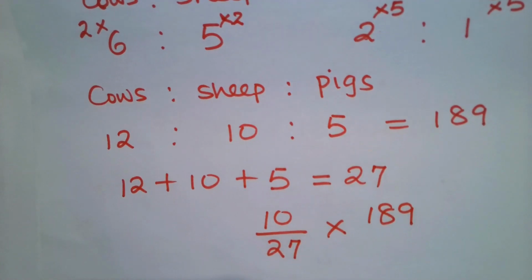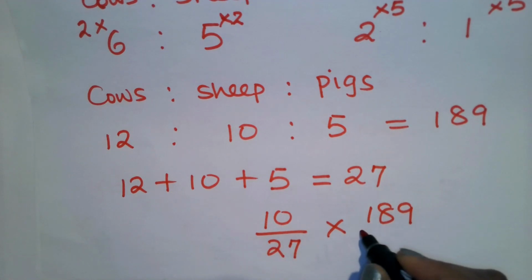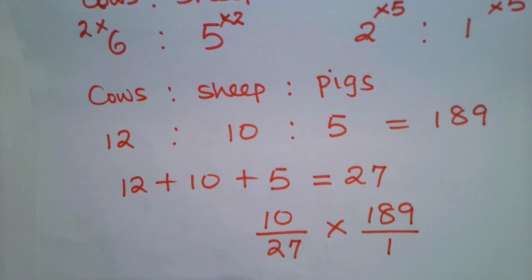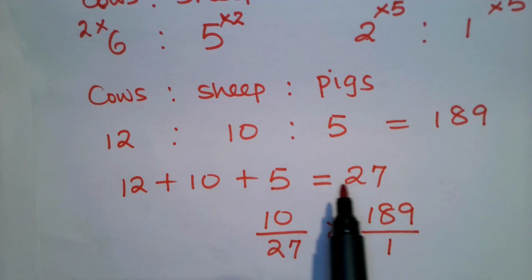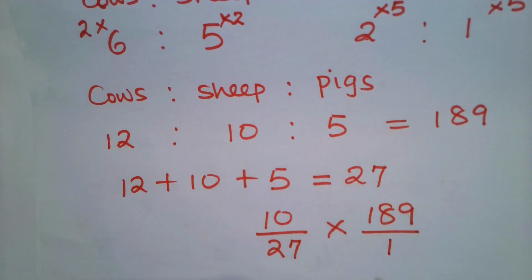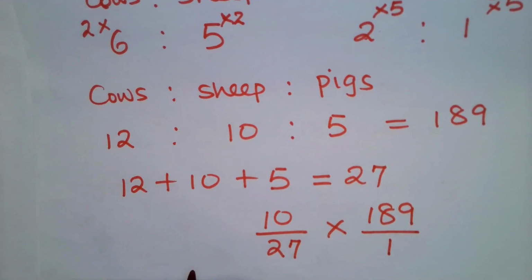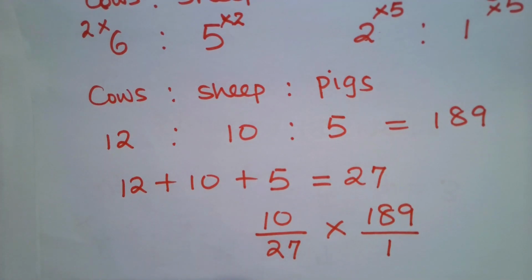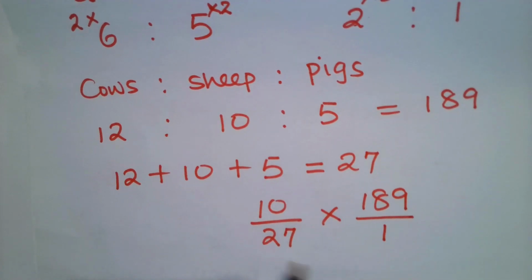I want this number to also look like a fraction, so I can say over 1. Now we're going to cancel out. If this question comes out in a non-calculator paper, you're going to use the cancelling out. If you watch my video on fractions, you will understand what I mean by the crisscross cancelling out.